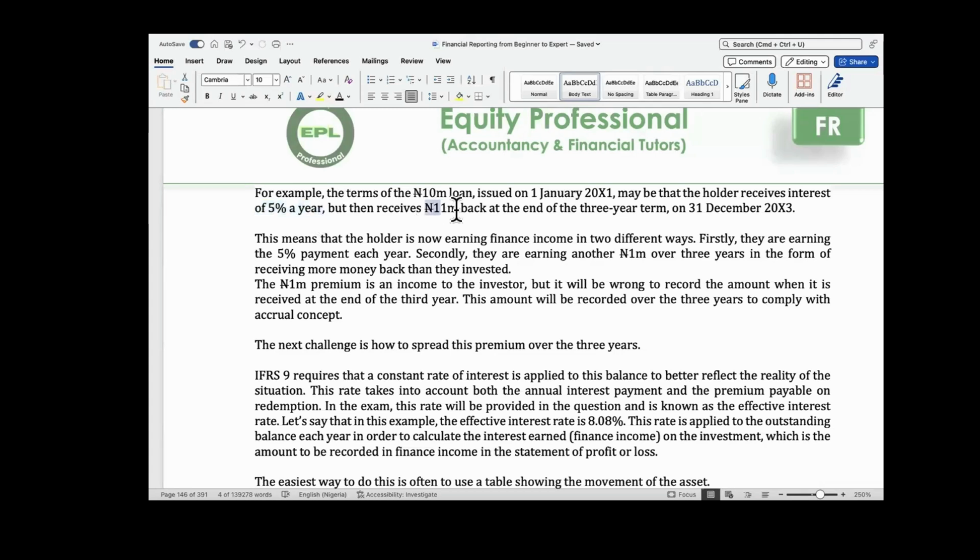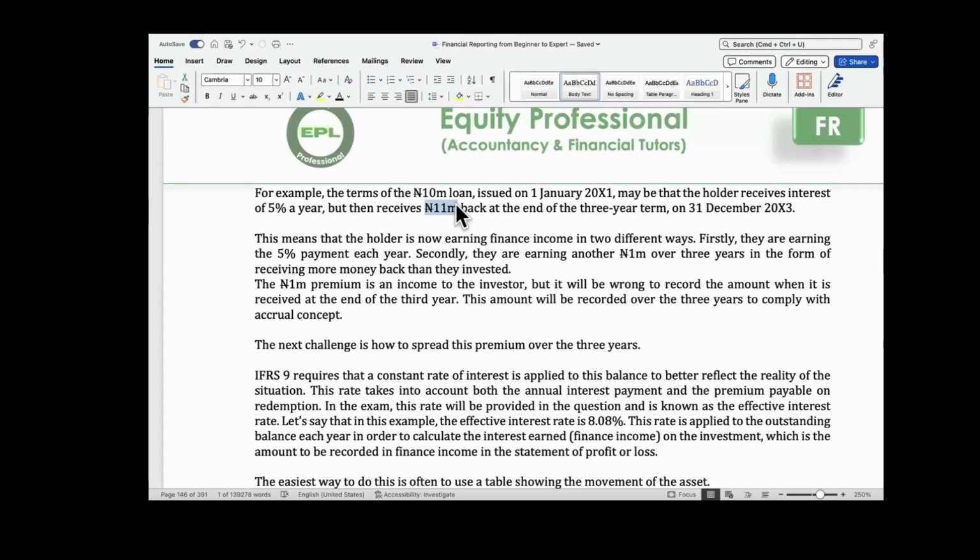But this remaining 1 million, this extra 1 million, one will be tempted to think that since you are collecting it in the third year, because they are paying it at maturity, you will recognize that 1 million as income in the third year. That will be wrong, because that will mean you're recognizing that income on a cash basis.